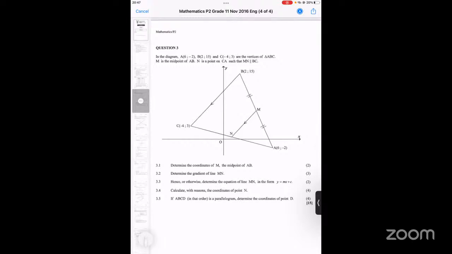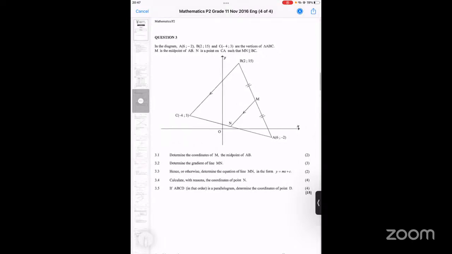So, guys, the first question where they say determine the coordinates of M, the midpoint of AB. Let's not waste much of our time on that one. The midpoint, you will obviously take your 6 plus 2, that is 8, and divide it by 2, which gives you 4.